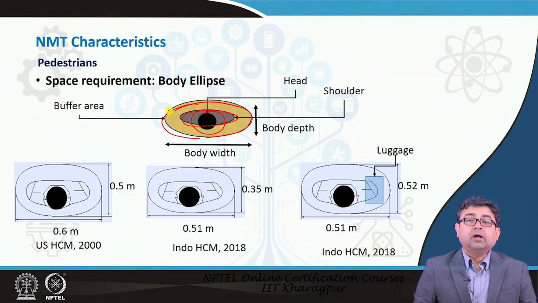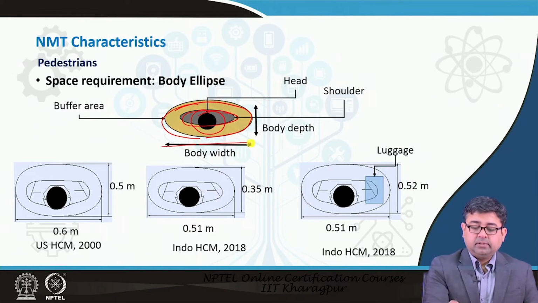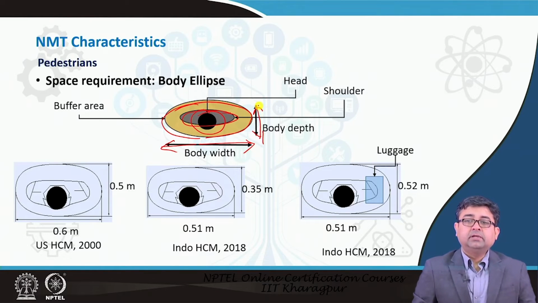When you walk, your arms swing. So, there is some free buffer area that is needed by each and every person in order to walk freely. So, this is your body width and this is your body depth. These are the basic dimensions, the basic elements of the body which have to be taken into consideration while you design any facility for pedestrians.